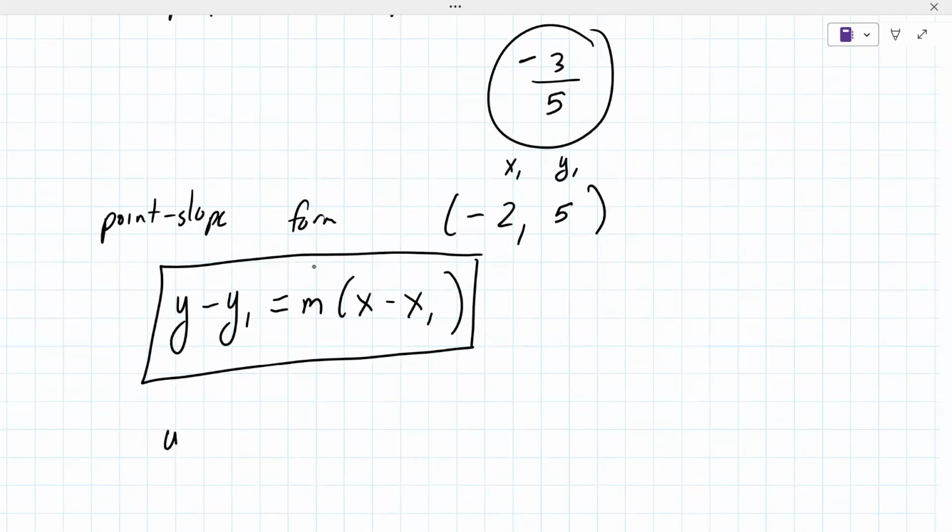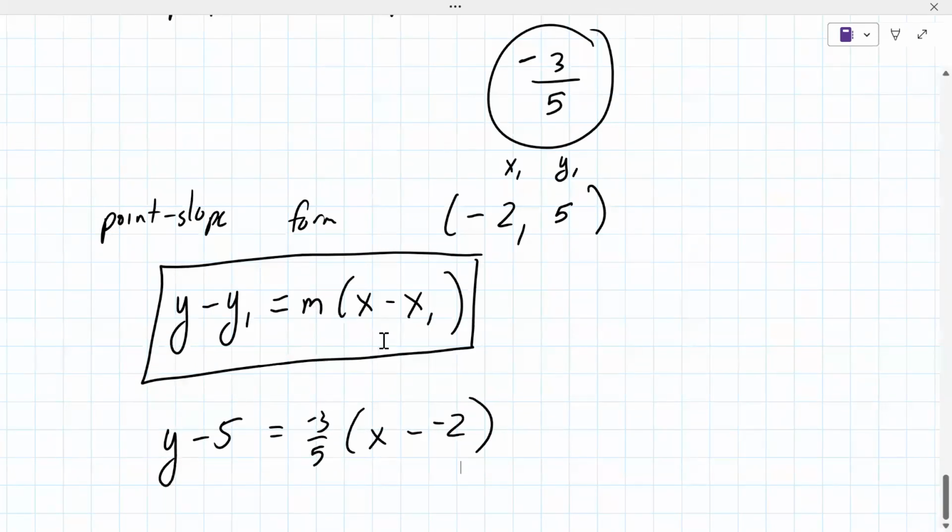So now it's y -5 equals -3/5 x minus a -2, like this. So just follow the mapping. Make sure you say, okay, I see where the slope comes from. I see where x1 and y1 come from.